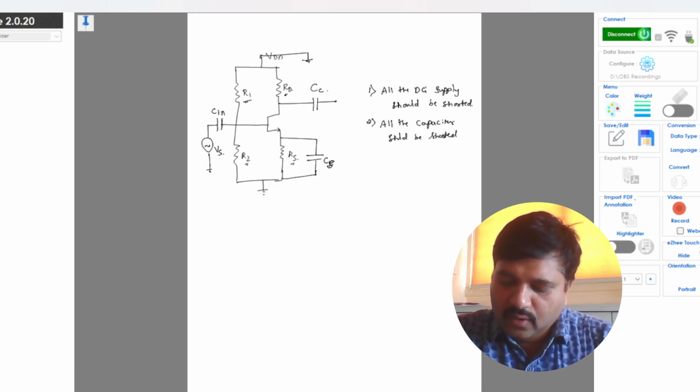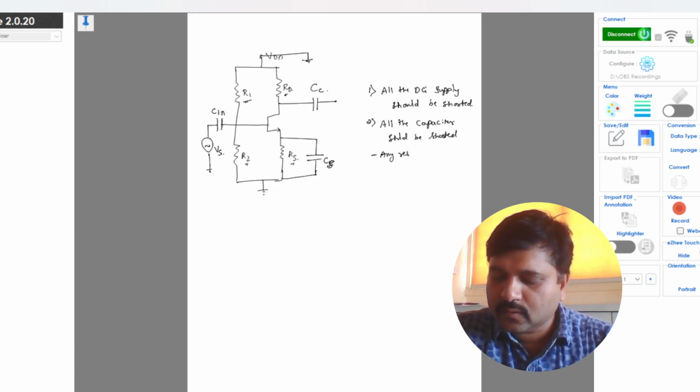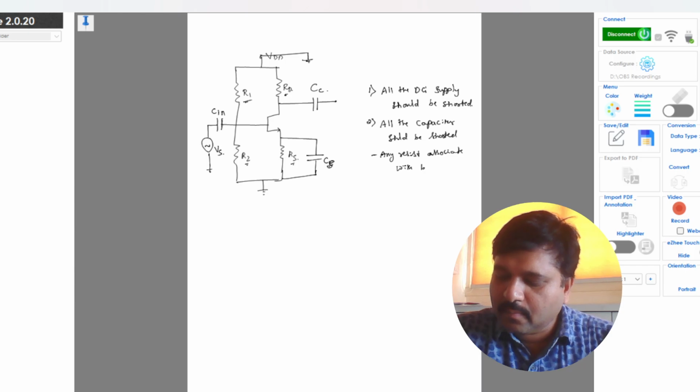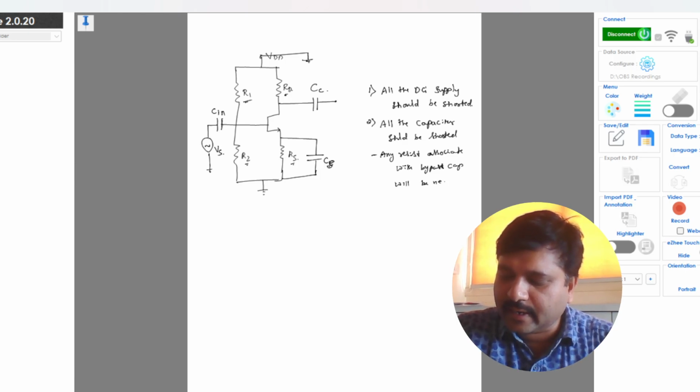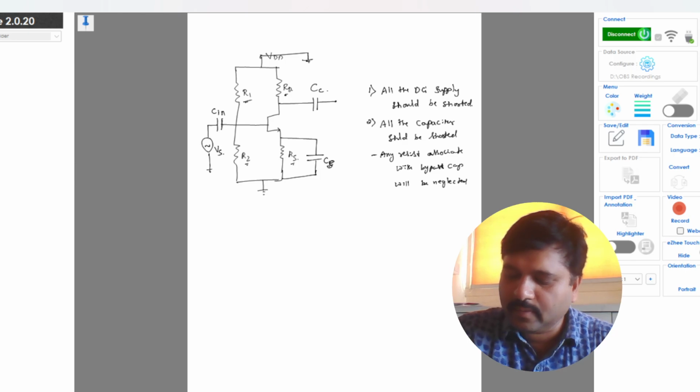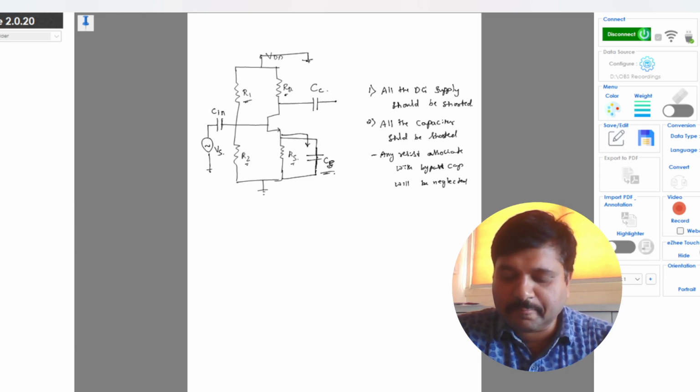Along with this, any resistor associated with the bypass capacitor will be neglected, because this is the bypass capacitance, which is CS. When this is shorted, the current will flow through this low resistance path.